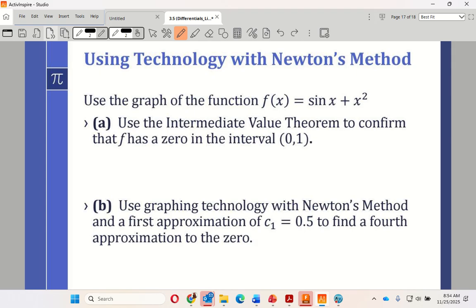So let's do f of 0. So f, I'm going to change colors because it's a little bit brighter here. So f of 0 is, what is sine at 0? 0. Okay, 0 squared? Okay, f of 1.